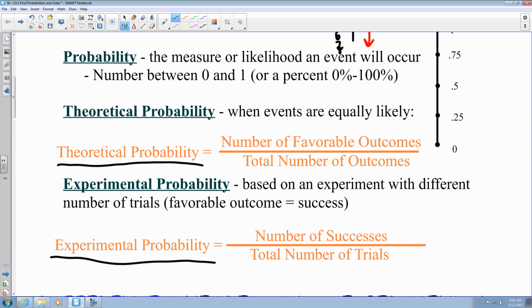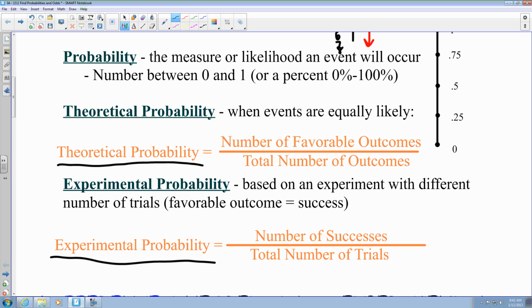If you remember in class, we did the numbered cube activity where we rolled our cube to see which numbers we get because it was numbered 1 through 6. We did that 20 times and we collected data on how many times we rolled a 1 or a 2 or a 3, 4, 5, or 6. And those recordings were then data, and that was under the experimental probability.